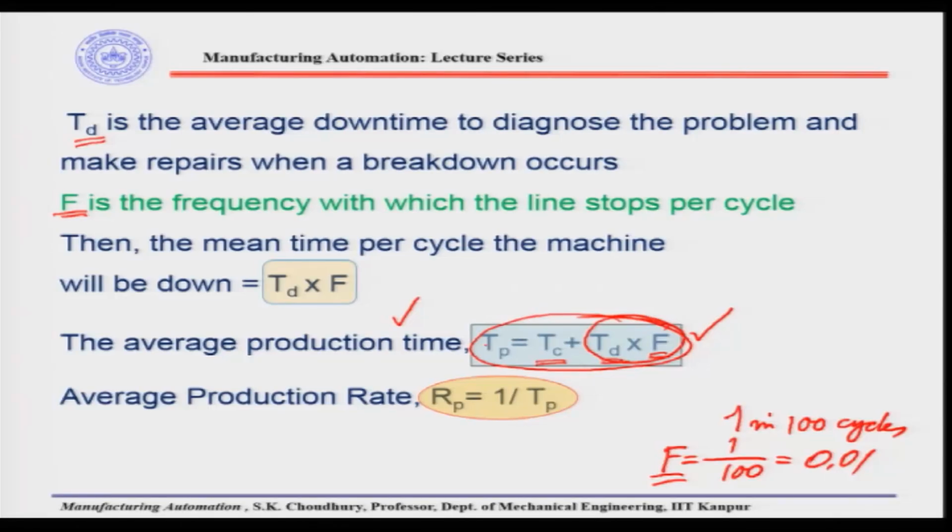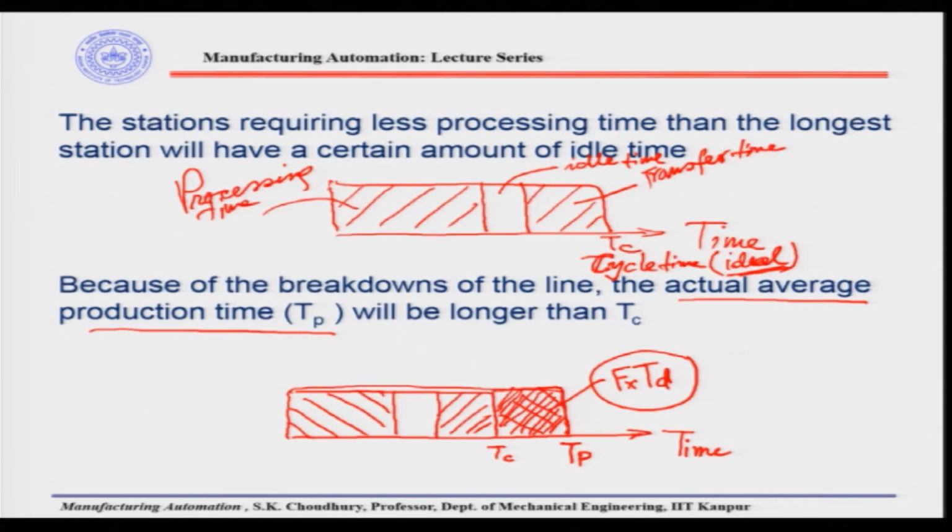If we know the f, and we know how much time it takes on average to repair and rerun the machine, then if we add f into Td to Tc, we can find out the actual or average production time. Whereas this Tc is the ideal one, in the sense that if everything goes okay, if nothing happens and the line is running perfectly well, then Tc is the cycle time, but it does not happen.